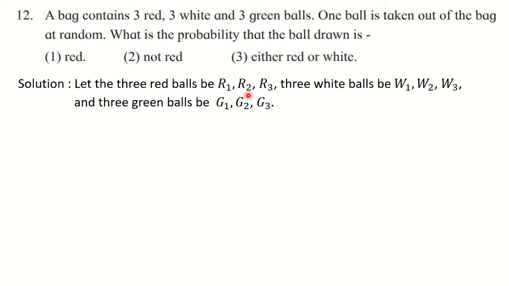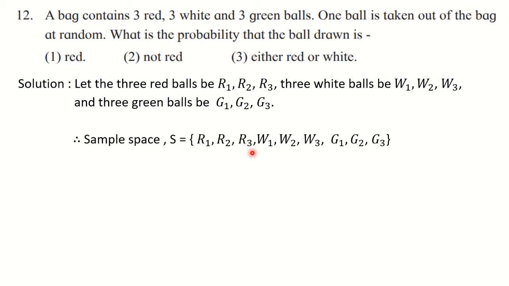Now combining all these sample points, we can write the sample space S as R1, R2, R3, W1, W2, W3, G1, G2, G3. It's a set and you have to separate every element by comma. That you have to keep in mind. So 3 plus 3 plus 3, we have 9 sample points. Therefore, n of S is 9 here.